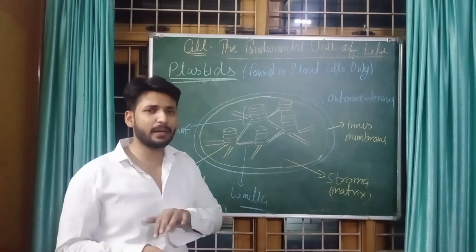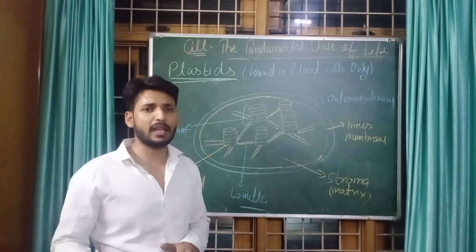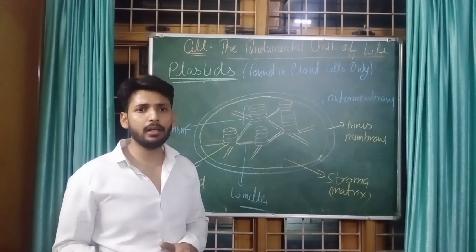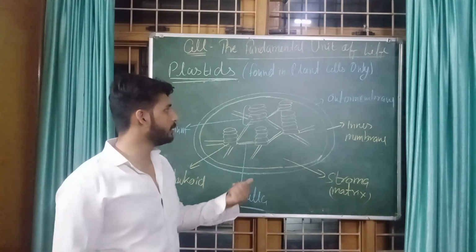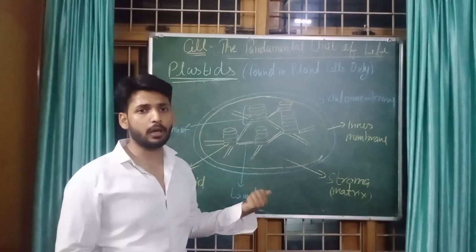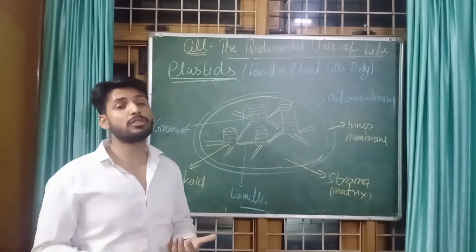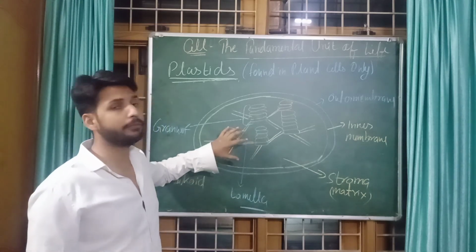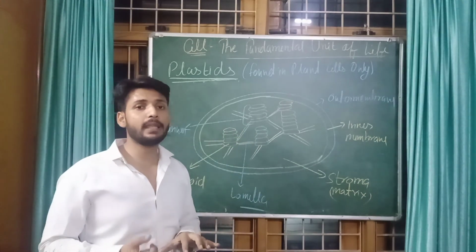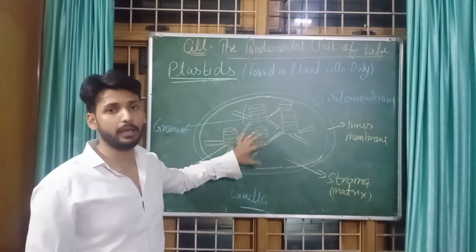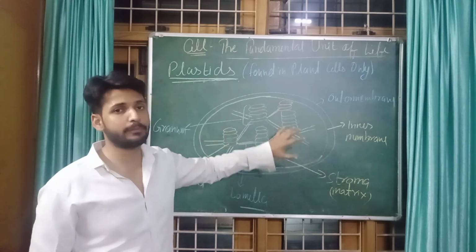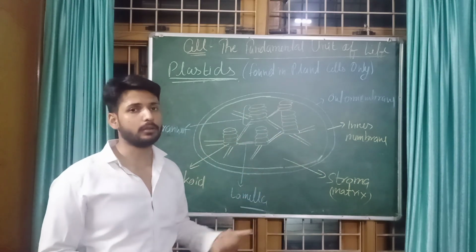They do not need protein from the endoplasmic reticulum or other cell organelles. So these are self-autonomous organelles, and these are also known as the kitchen of the cell, because all the food prepared inside the plant cell is prepared here, because the photosynthesis process is taking place here. Got it?